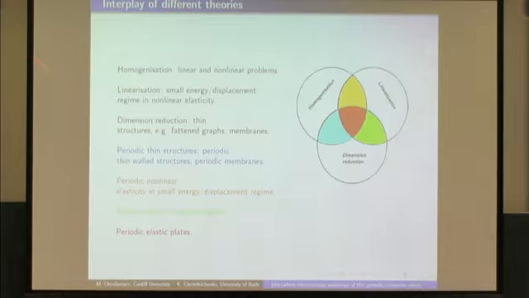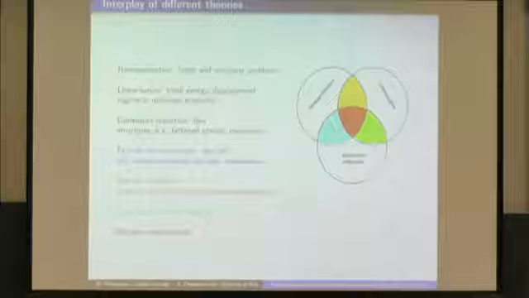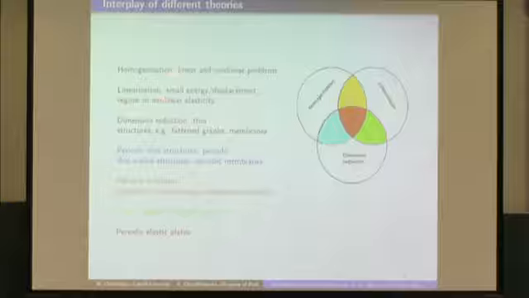Also, the second asymptotic theory is linearization. If you again consider nonlinear elasticity, and you assume that the elastic energy is small, and you want to derive some linearized equations, so you use this linearization theory, right? So basically, I mean not the displacement, the gradient of displacement is small.